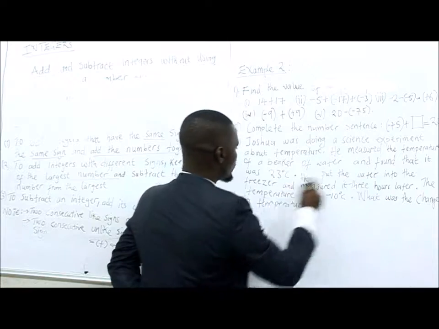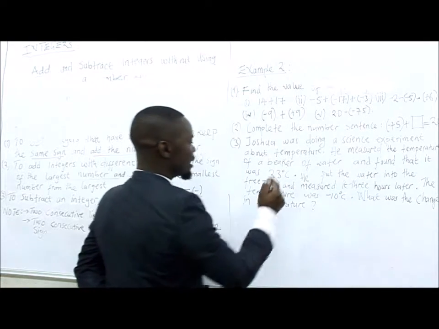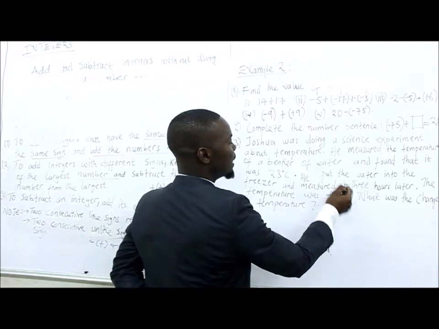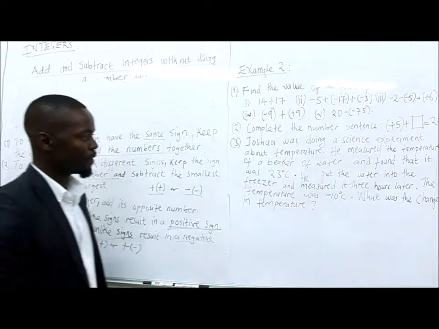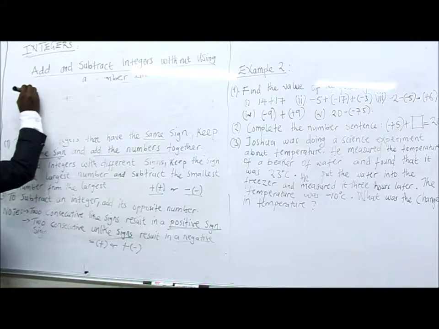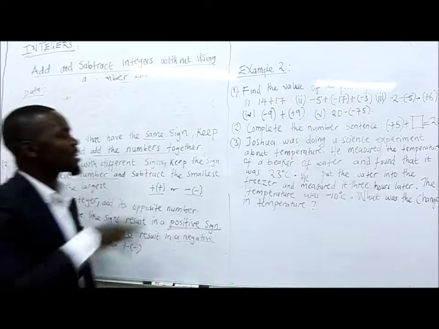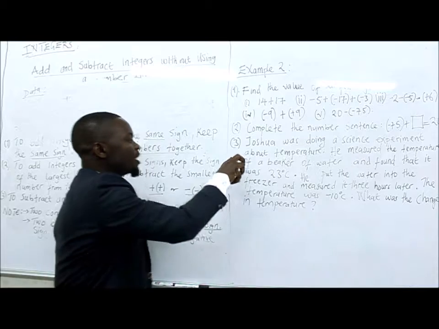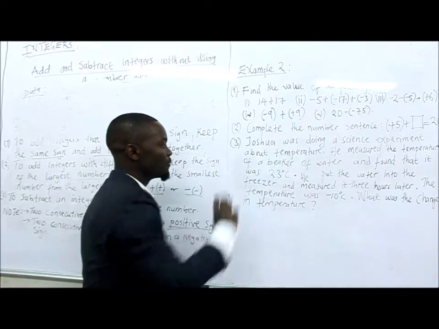He put the water into the freezer and measured it 3 hours later. The temperature was negative 10 degrees Celsius. What was the change in temperature? Very simple. The first thing which you must do is collect some information, and extract the mathematical concepts which are being expressed in word form.